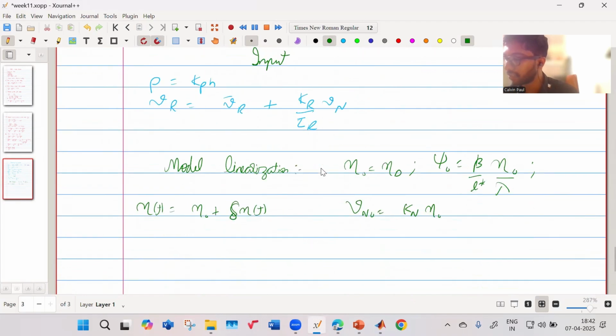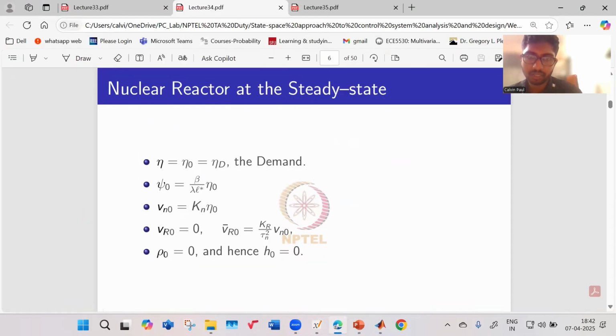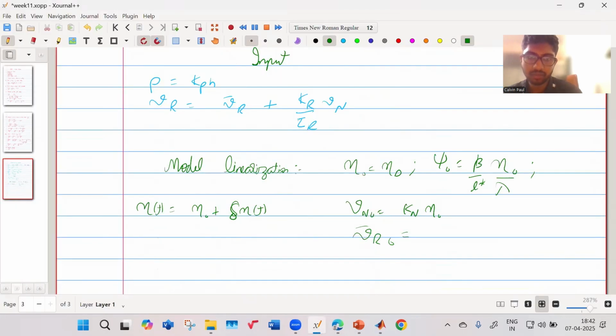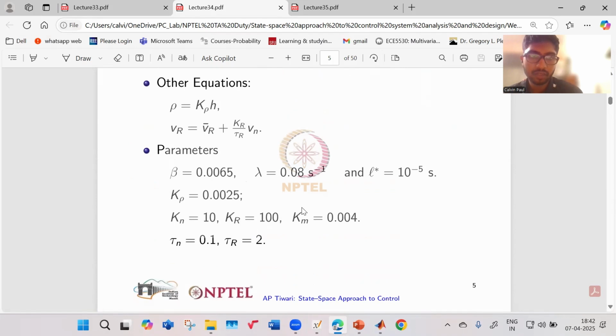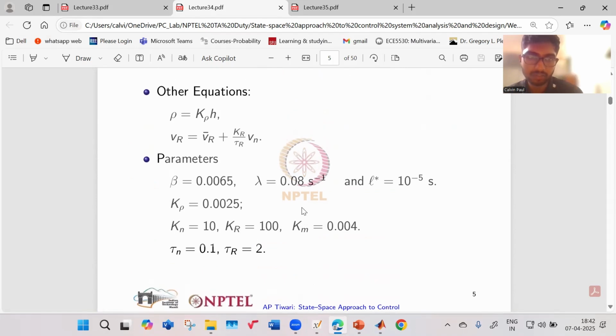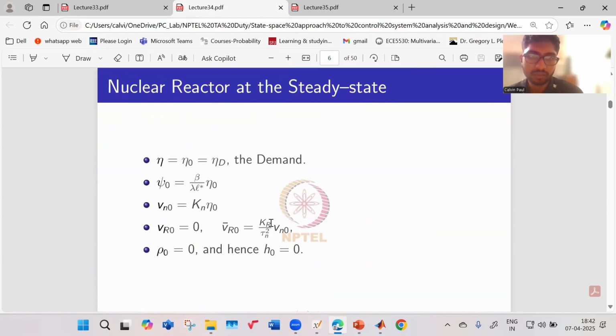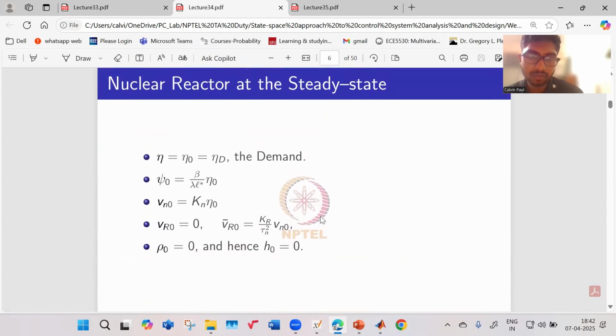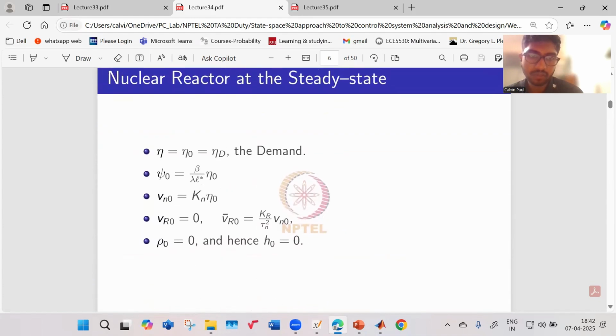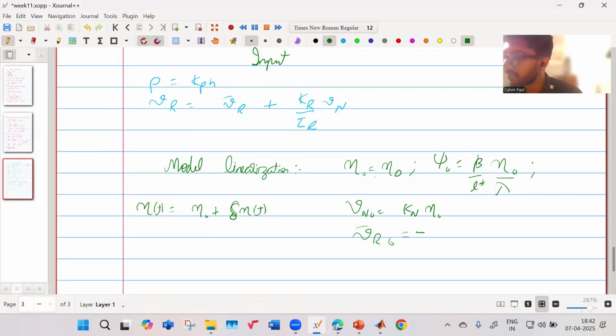We have PR upon tau R bar, the minus PR upon tau R. PR 0 bar actually is equal to minus.